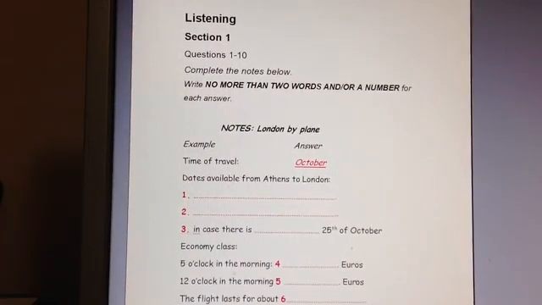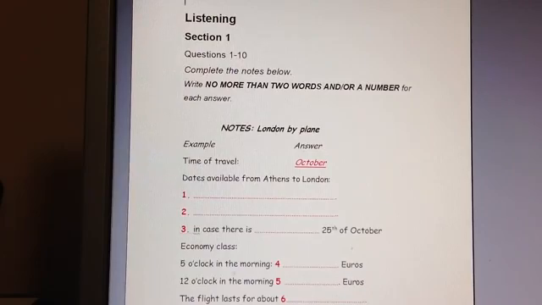Still, it may not be a noun, but if we know more or less what to expect, we are more concentrated and we're not going to miss it. In questions number 4 and 5, we see euros, so we expect to hear about money and we're going to write down numbers. The same goes for question 6.